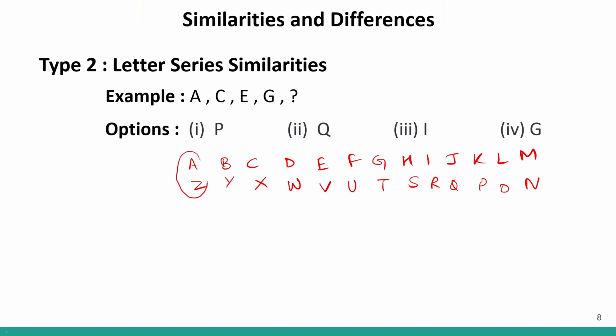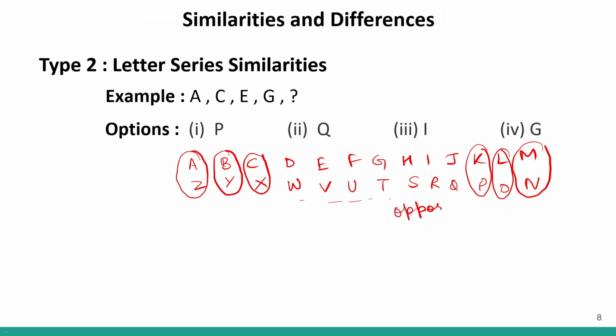That means that A is opposite to Z, B is opposite to Y, C is opposite to X, and so on. K is opposite to P, L is opposite to O, and M is opposite to N.